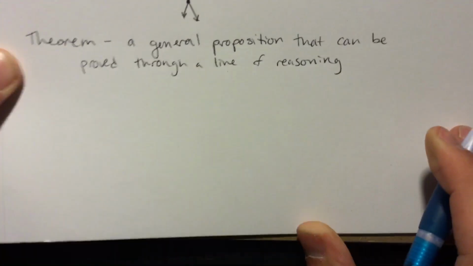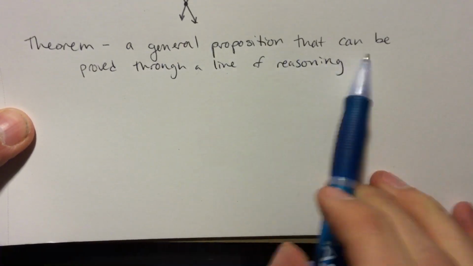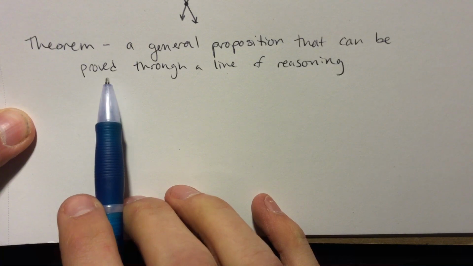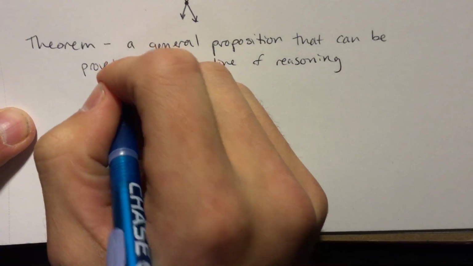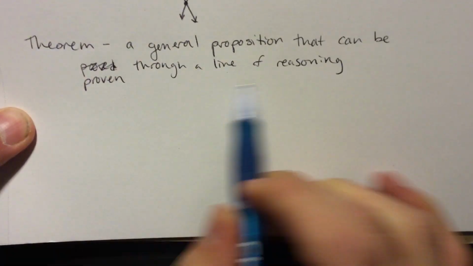This is a little different than the definition I gave you in class, but they both get to the same thing. So a general proposition that can be proven through a line of reasoning.